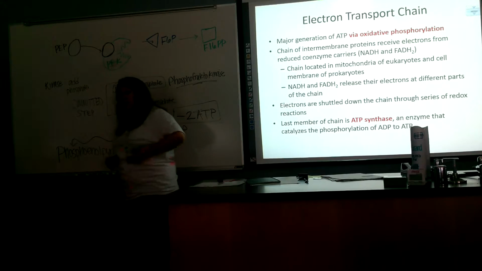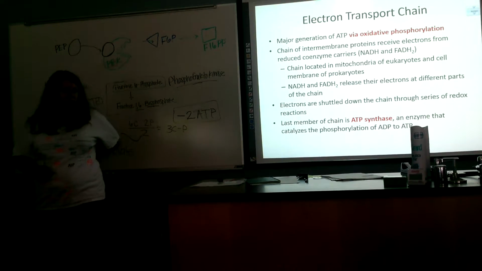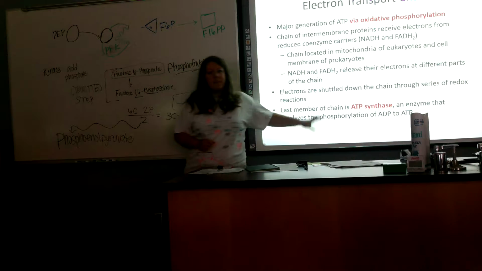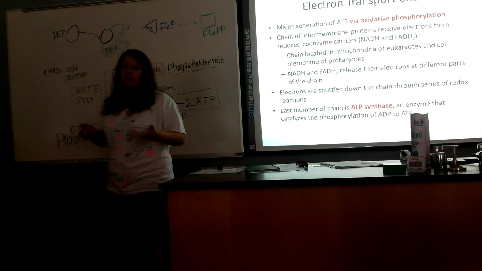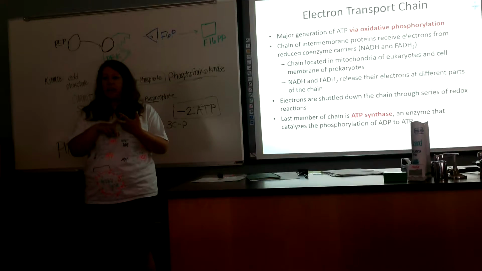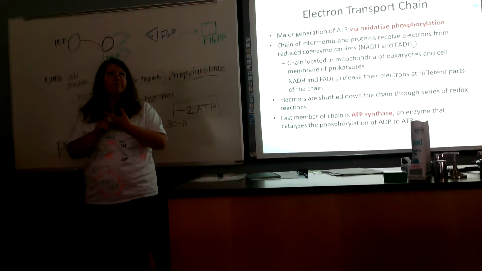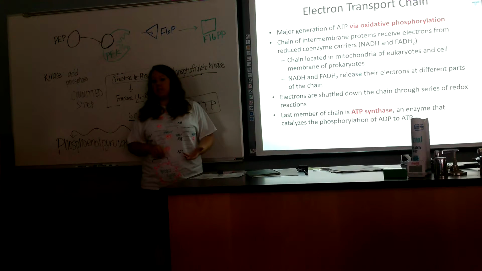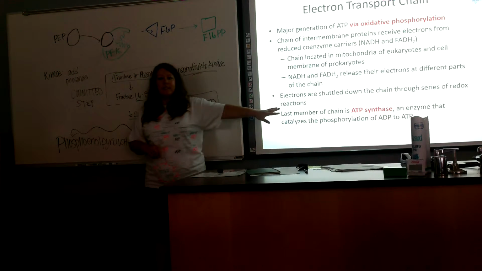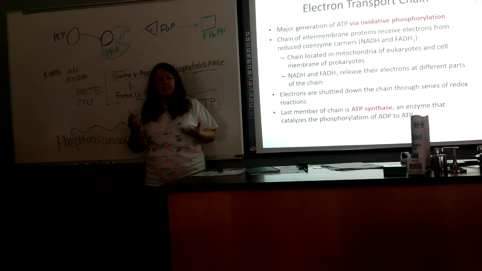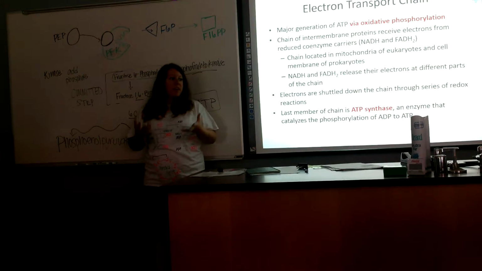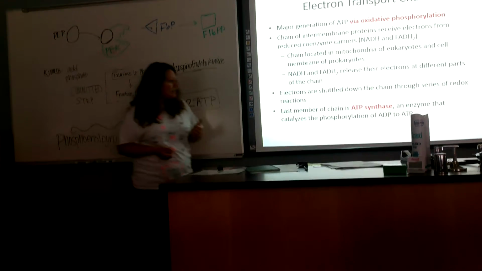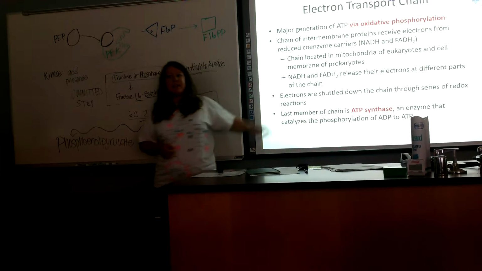And the last one to pick up those electrons is ATP synthase, which is an enzyme. So anytime you hear kinase, isomerase, ATP synthase, those are enzymes, okay? ATP synthase is a monster of an enzyme. It is bigger than polymerase. It's huge. And ATP synthase is a machine that makes ATP.